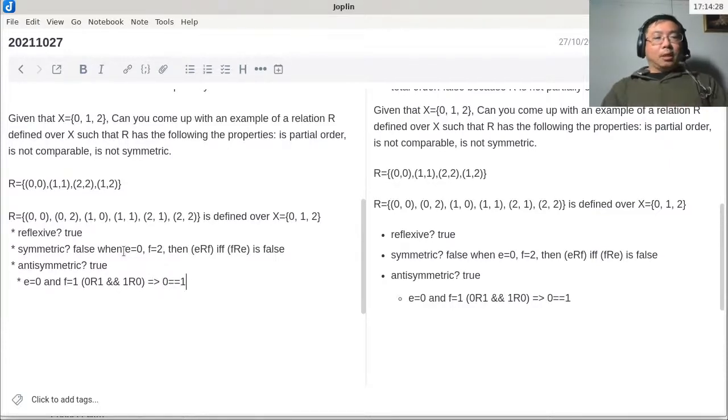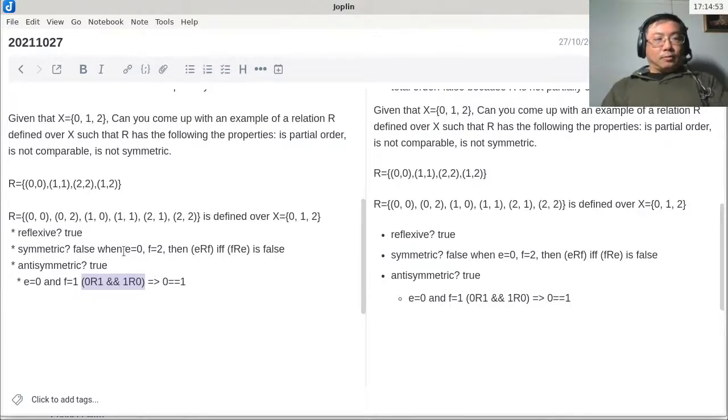Let's focus on this expression and ask, what is the value of this entire expression? Let's evaluate the left-hand side first, the left-hand side of the implication. 0R1 is not here.